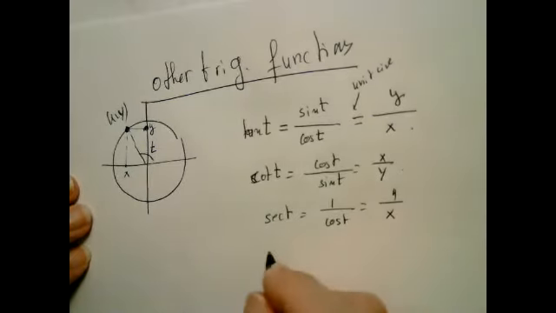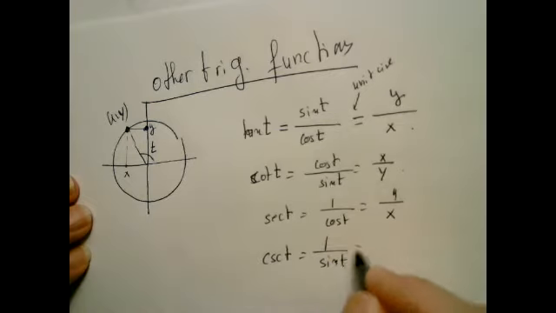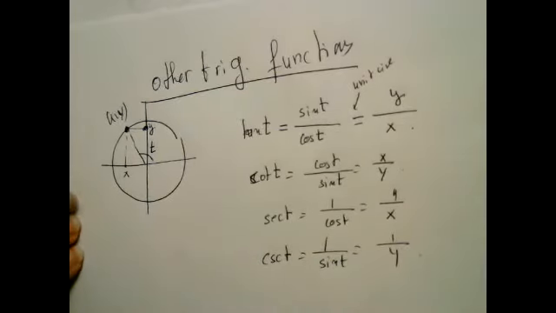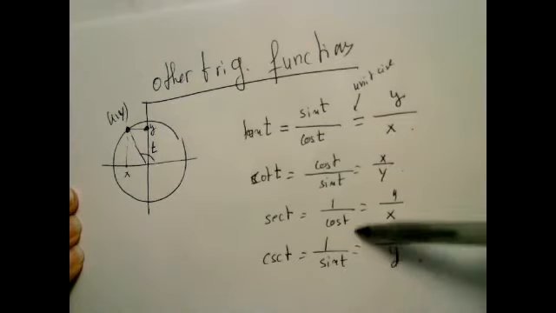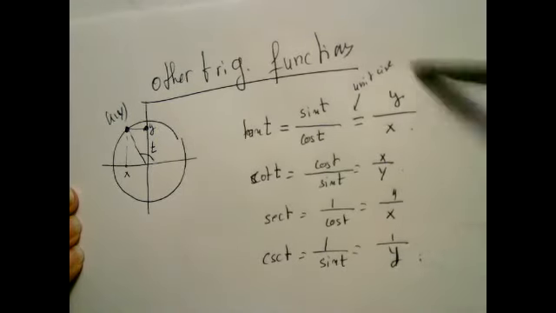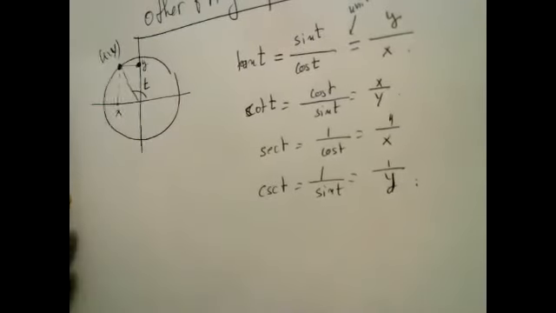And finally the cosecant, which is 1 over sine. It means 1 over y. So those are the other trigonometric functions. Okay, and most of the time, I would use their value in terms of sine and cosine more than in terms of the unit circle, because they are more relevant.